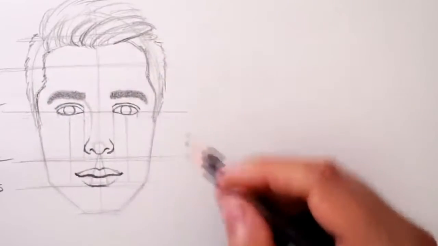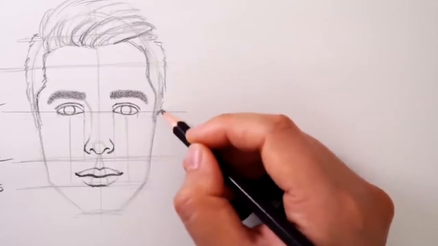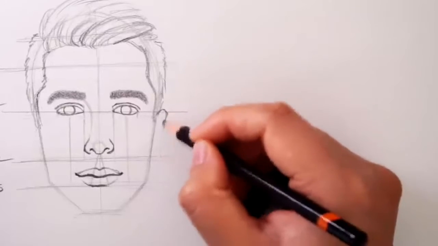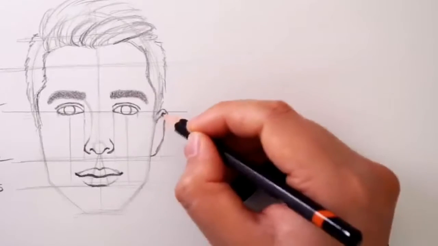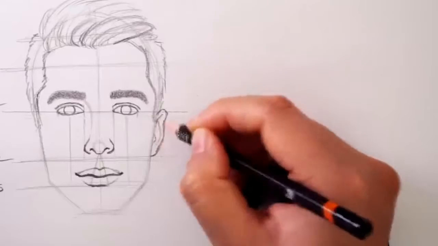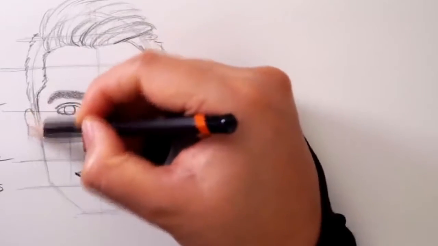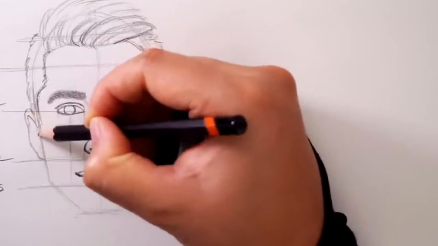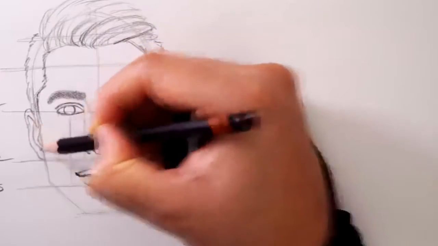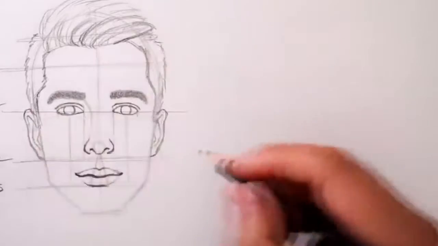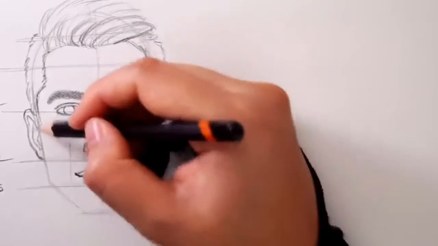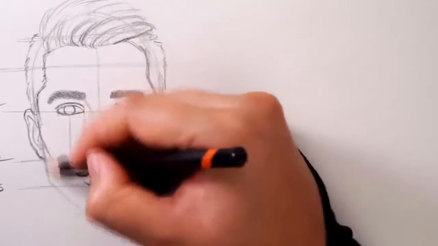I almost forgot about the ears. Between the eye line and nose line, draw your 2 ears. You can make someone look skinnier by defining their cheeks.